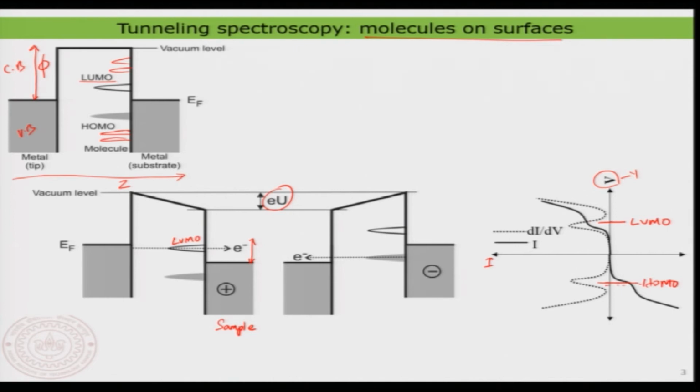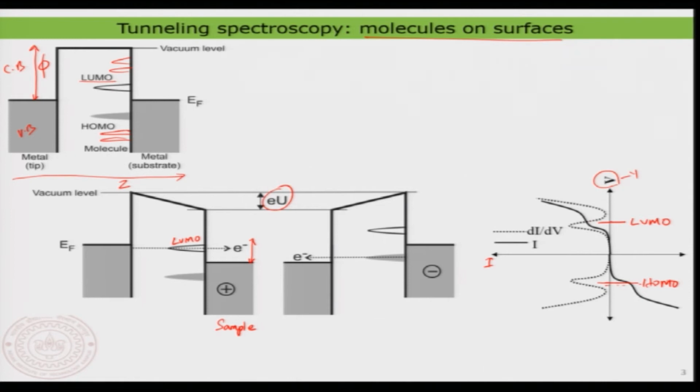In principle, using tunneling spectroscopy, one can experimentally find out the HOMO-LUMO gap, and not just the gap. You can also find out the relative position of the LUMO and of the HOMO with respect to the Fermi energy, and so on.